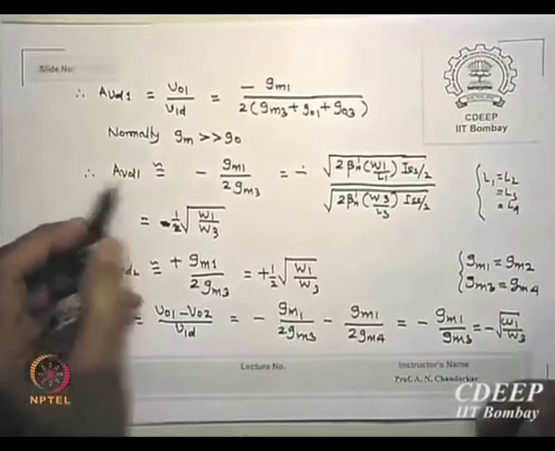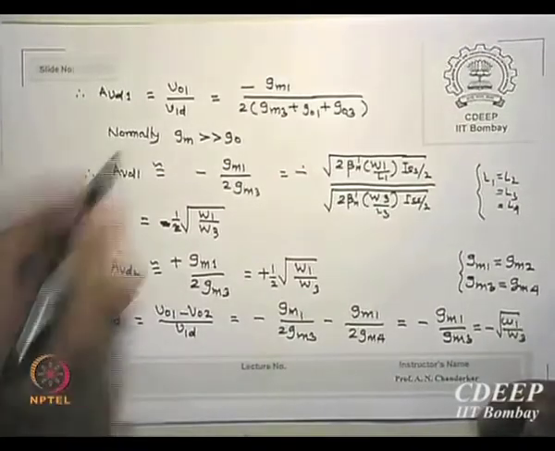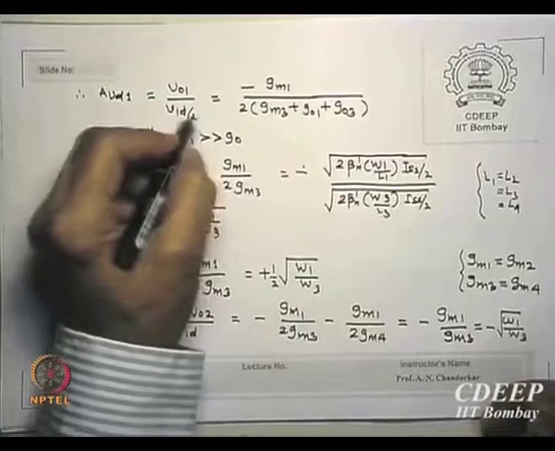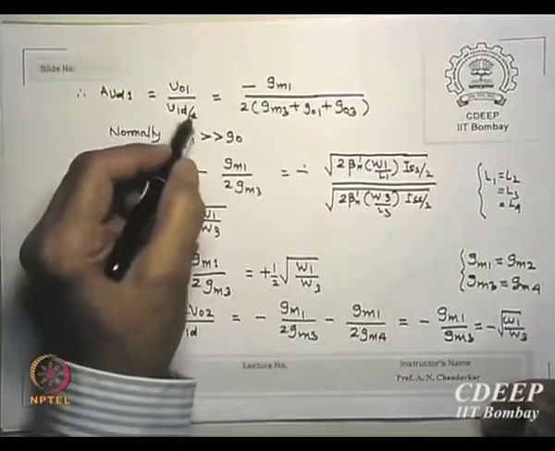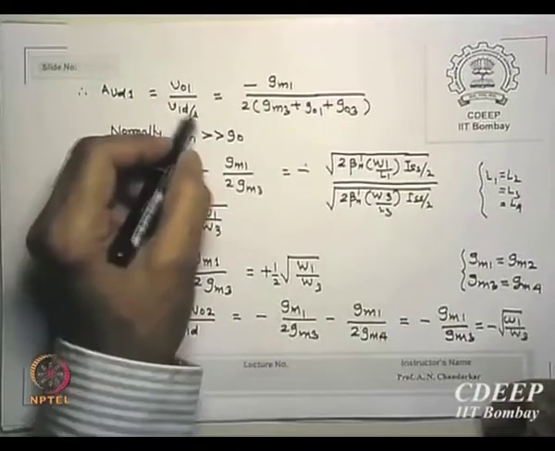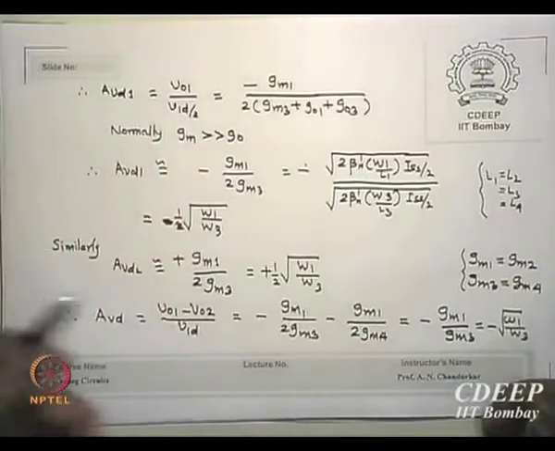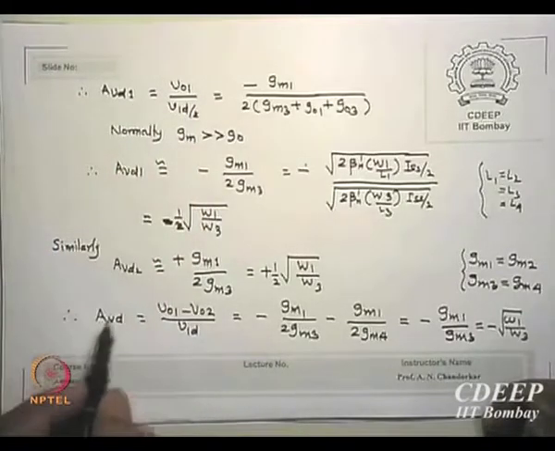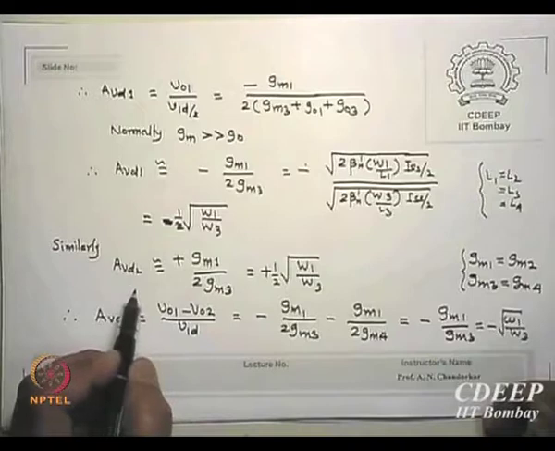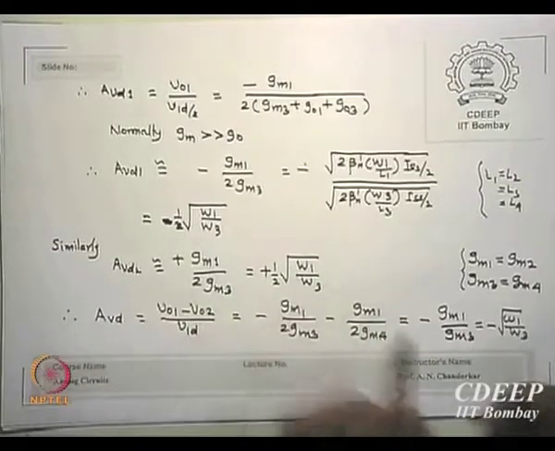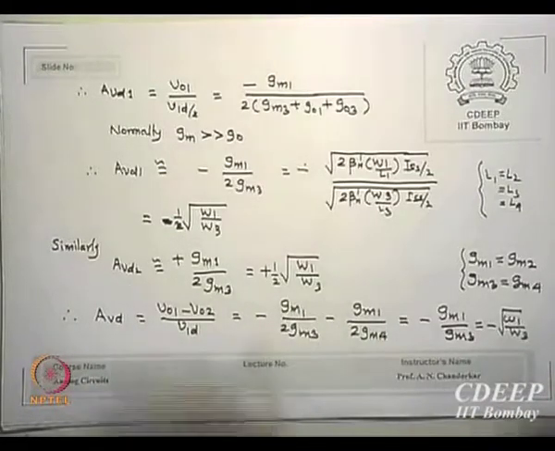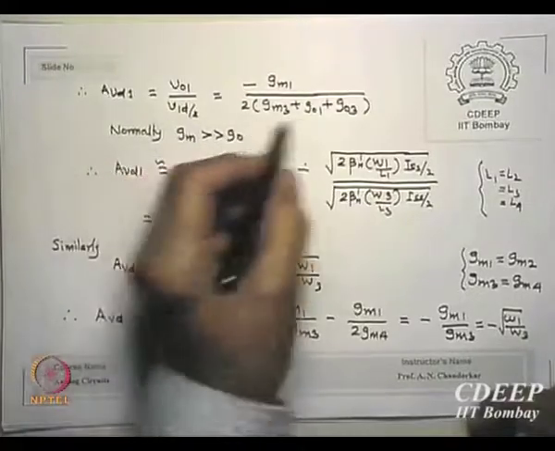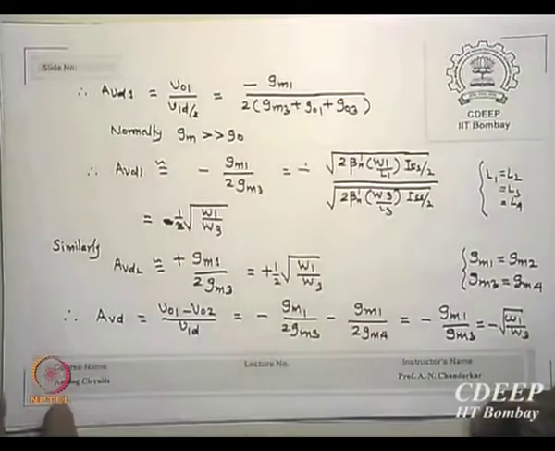So AVD1, oh sorry, the 2 I have taken care of through this, I think. So similarly I can calculate AVD2, that is VO2. The trick about this gain is, if GM3 is much larger than GOs, will it be right to say so?